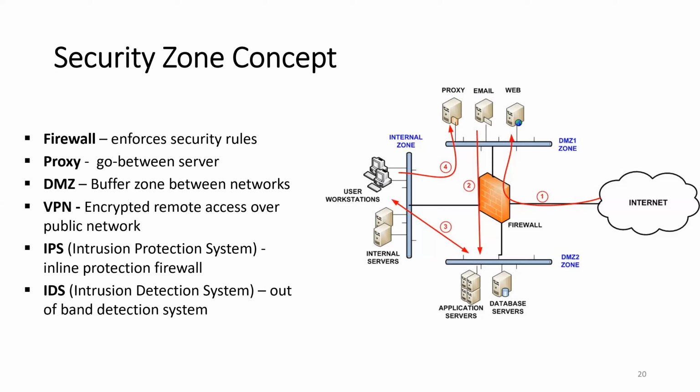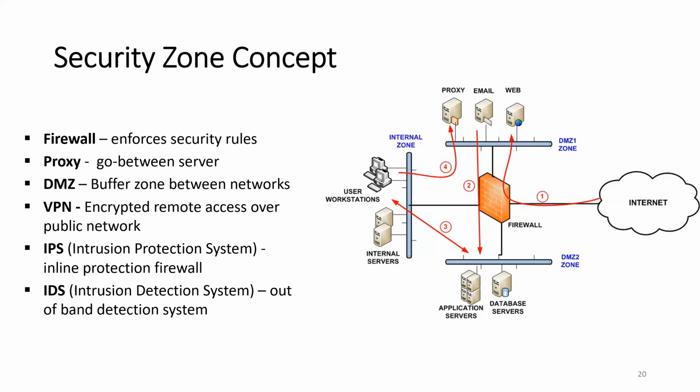The concept here is really, if something bad's going to happen, it's going to happen in that buffer zone. If a server is going to go down, it's going to be a proxy server, an email server, or a web server, but not our application servers, database servers, or where our precious data is. That is never in the DMZ. So you never have your corporate mission critical data in your DMZ.